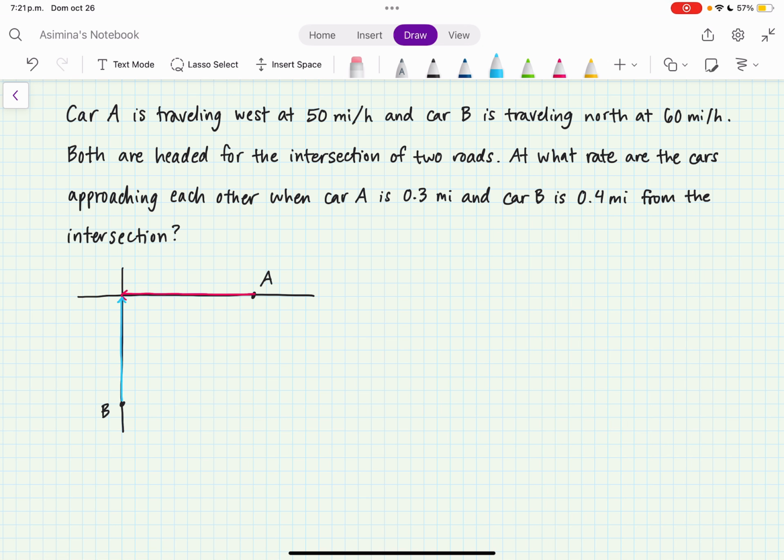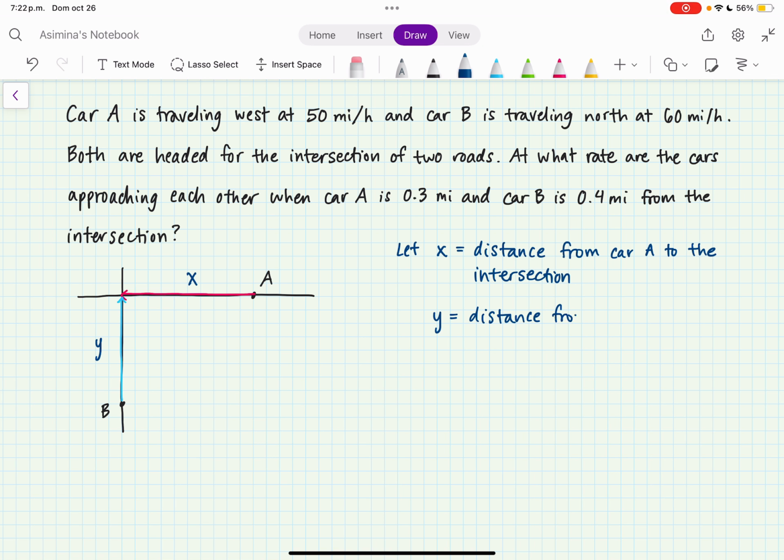So I'm going to label some variables. Let x be the distance from car A to the intersection, and I'll let y be the distance from car B to the intersection.